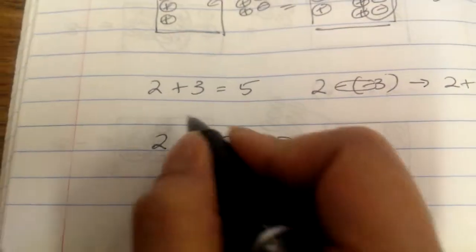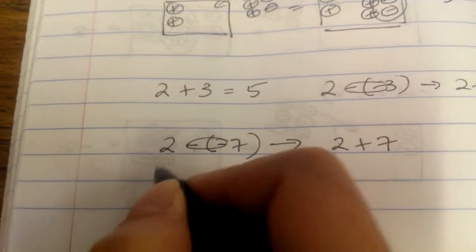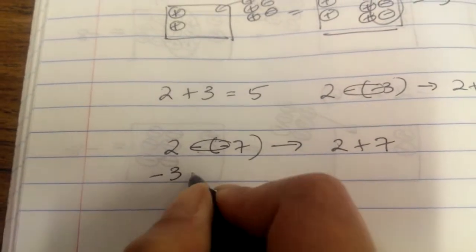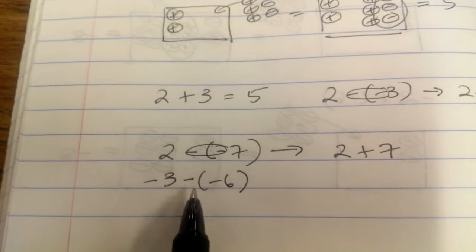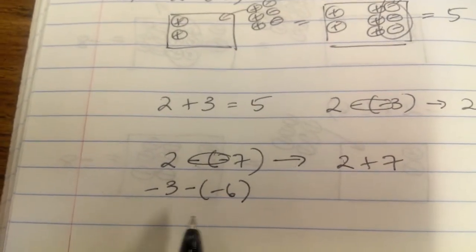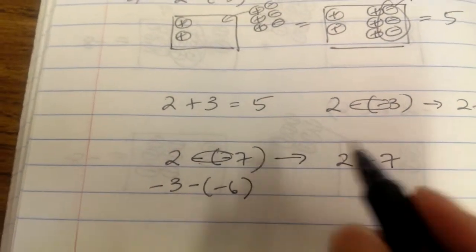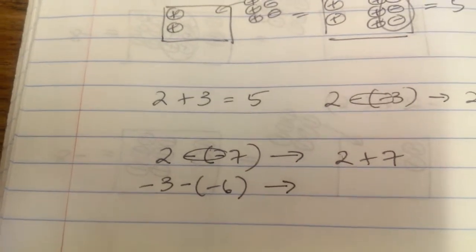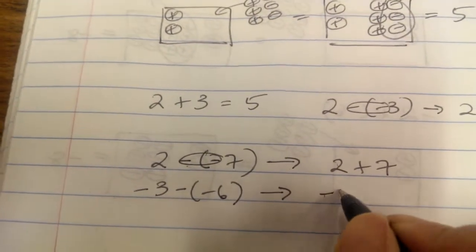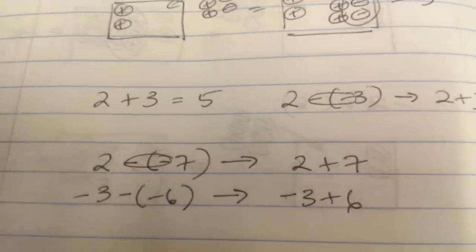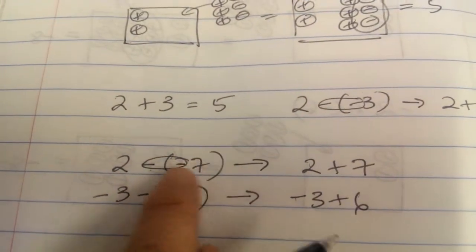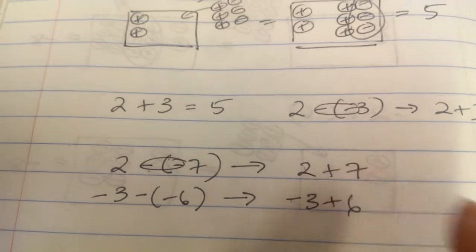Okay, let's do another one. Let's do one where there's a negative. Let's say you have negative 3 and you take out negative 6. Again, them taking $6 away from you means that they're giving you $6 for free. So another way to write this is negative 3 plus 6. Okay. Now we didn't solve these. 2 minus negative 7 means they're giving you $7, so it's the same thing as 2 plus 7.